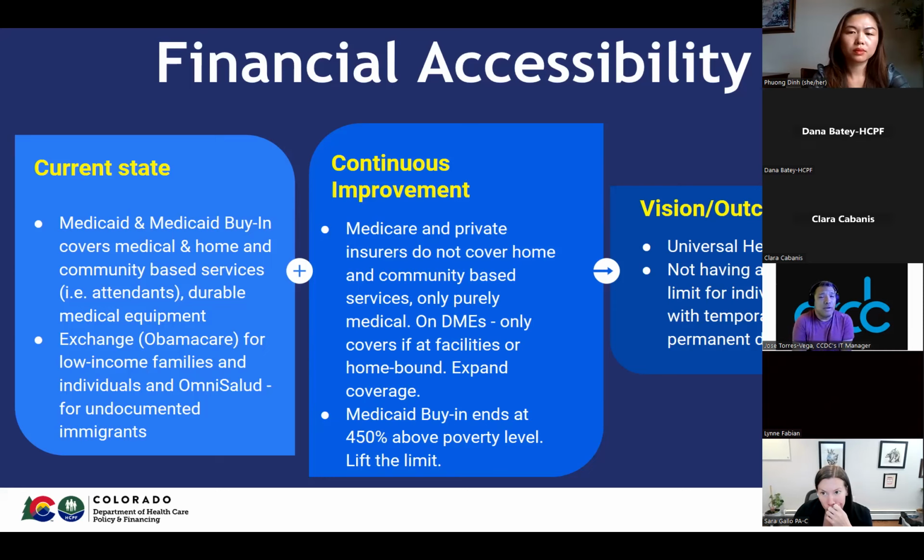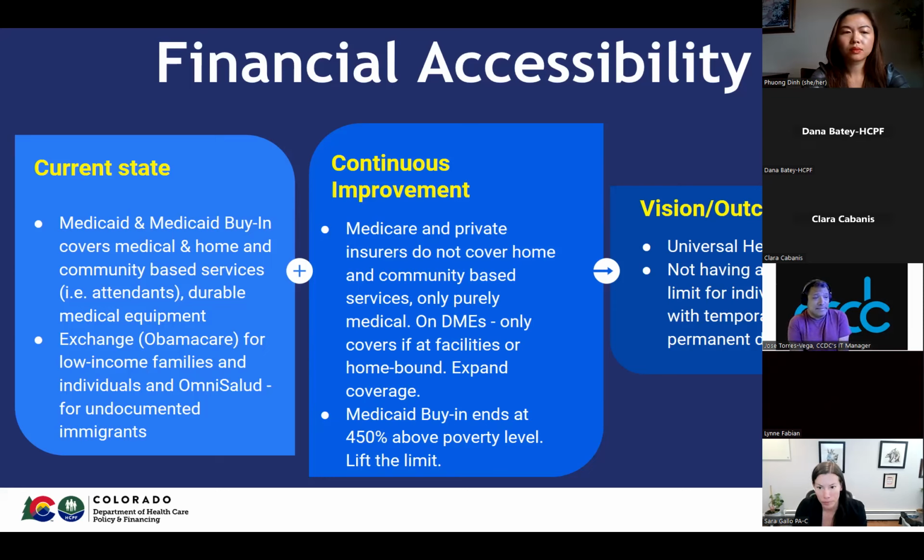And also, we created last year MiSalud for individuals who are undocumented to be able to access something similar to the exchange. And currently we have 10,000 places for people who need it for very low cost or almost free with no premiums.